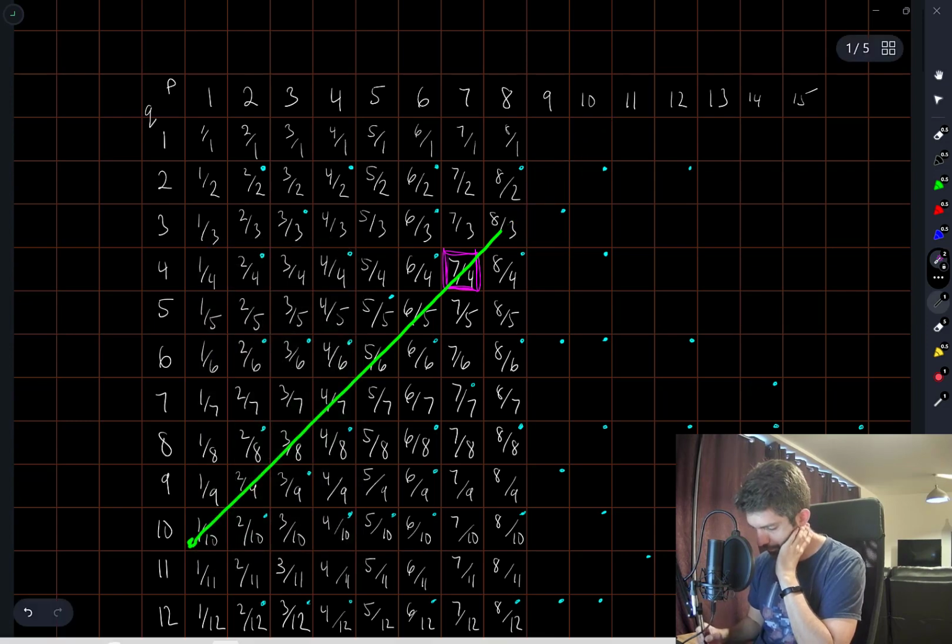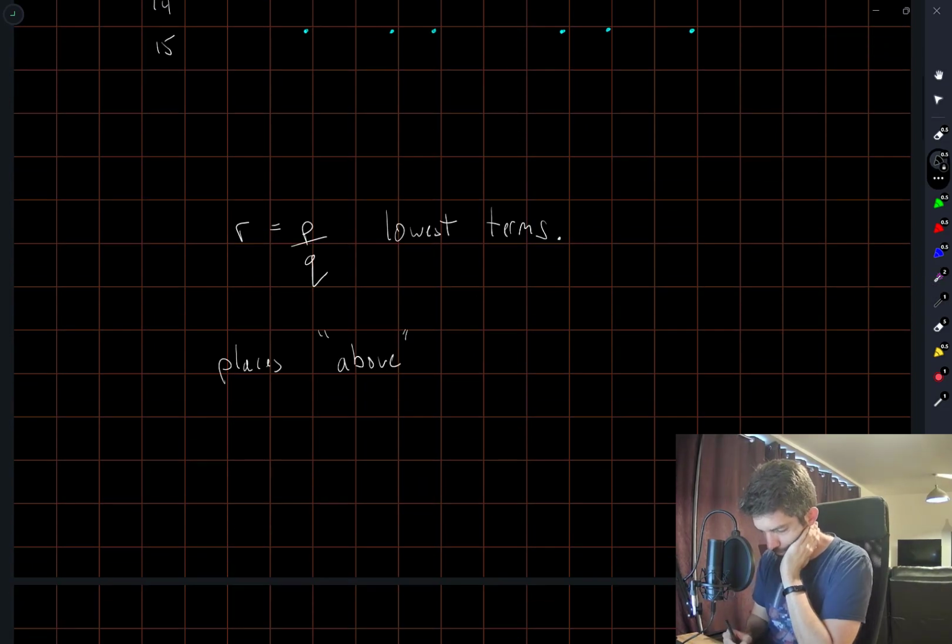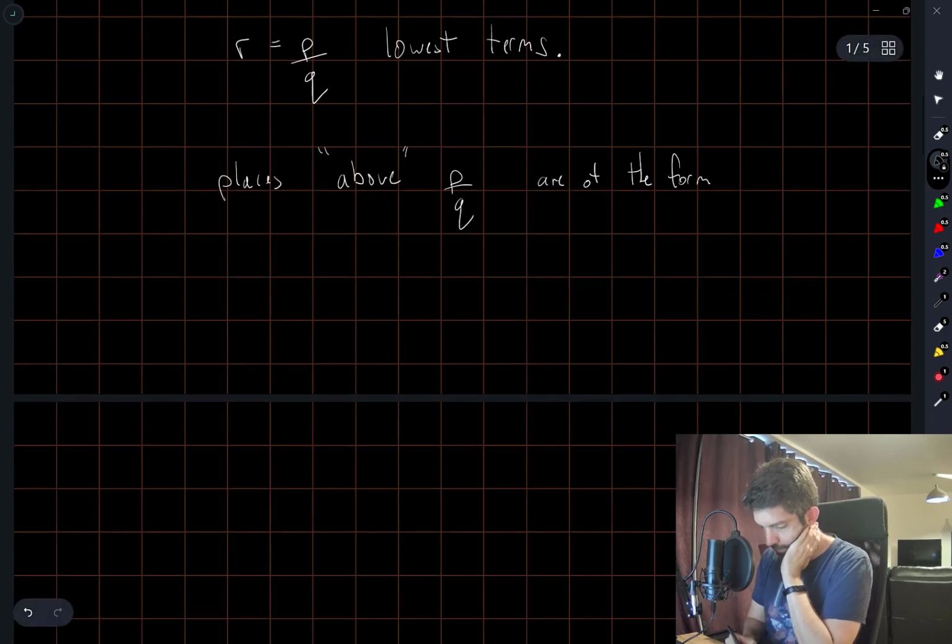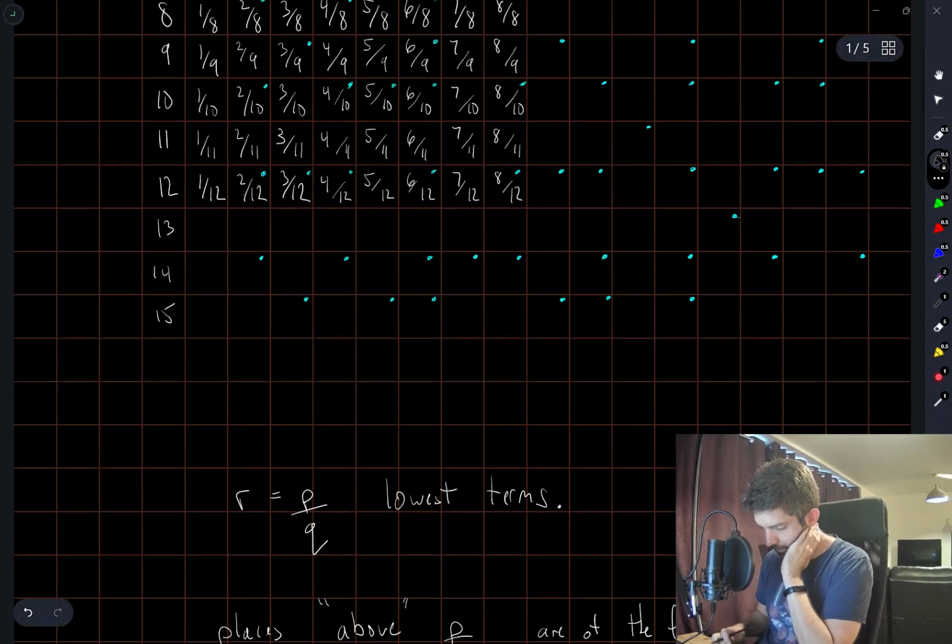So first, all the places above P Q are of the form m divided by n, where m plus n is less than p plus q, right?